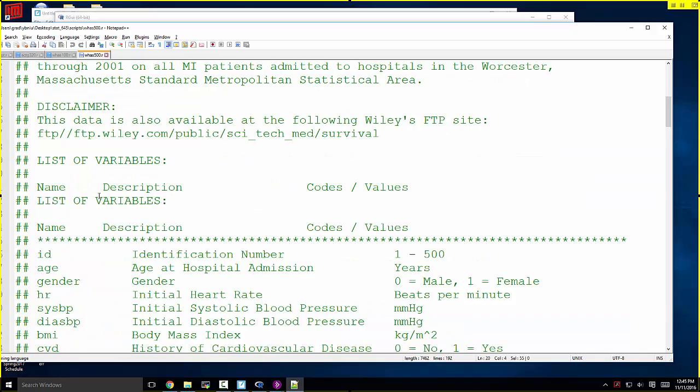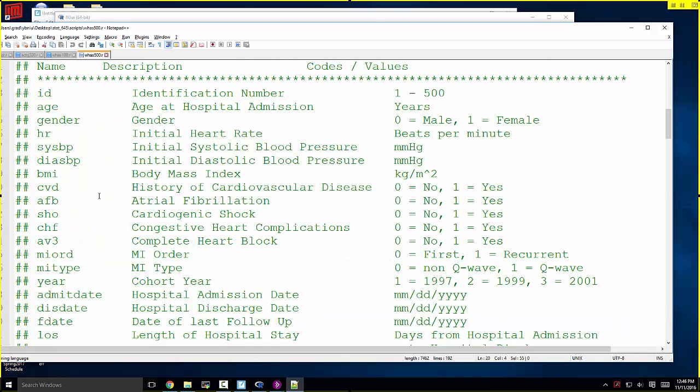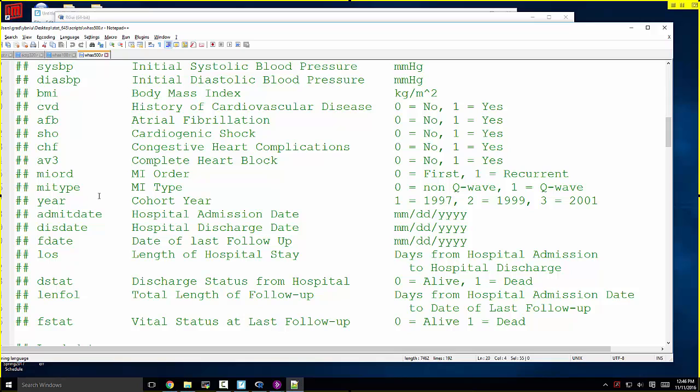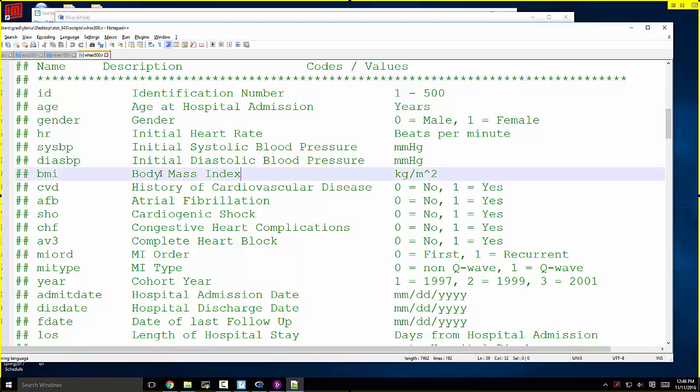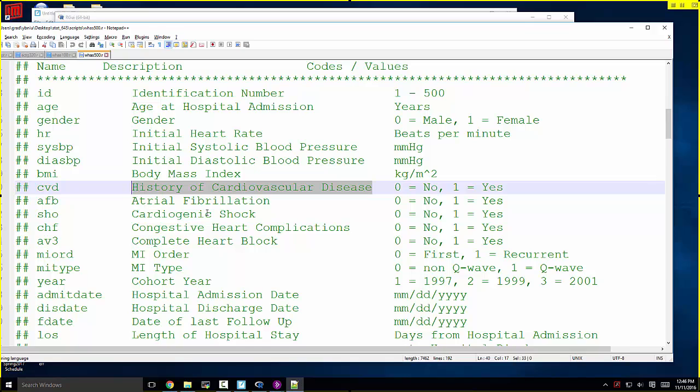So these are all people who were admitted for heart attack, and we have, among other things, time of follow-up, which is event time, and a censoring indicator for that. But we do have a bunch of interesting covariates like BMI, history of cardiovascular disease. Some of these are numerical, some of them are categorical. Over at the right, it summarizes types of variables.